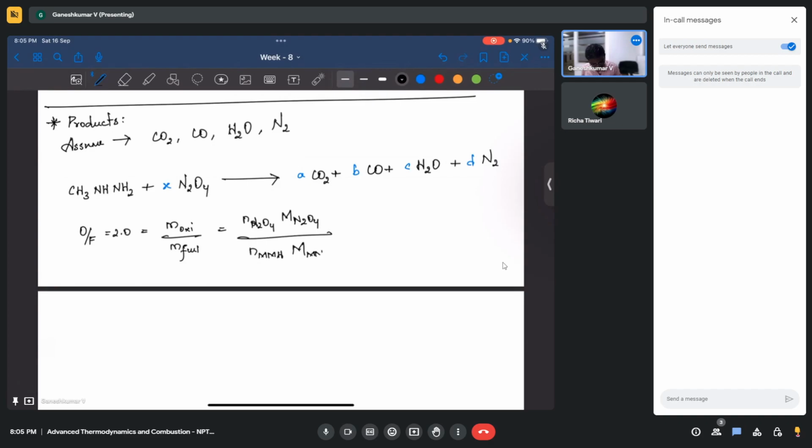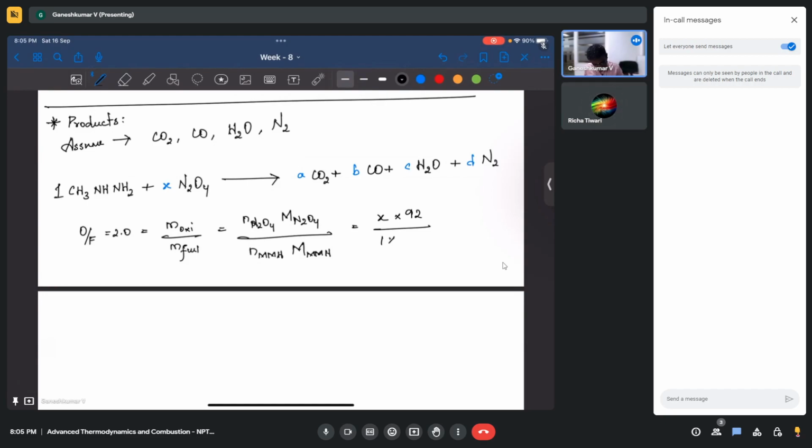So the number of moles of N2O4 is what we need to find, which is x, times the N2O4 molecular weight: 28 plus 16 times 4, 64. 64 plus 28 is going to be, how much is that coming out to be? 92. So N2O4's molecular weight is going to be 92. And we are taking the fuel to be 1.